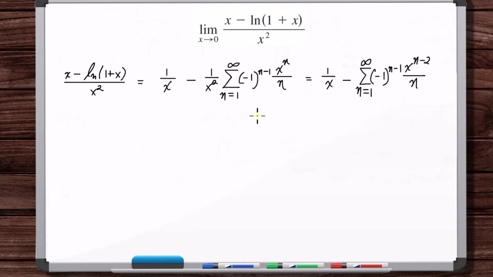Okay, so now here, let's see. We can write this as, let's do this. So 1 over x minus, well, actually, let's do this. So the first term is going to be positive. Let's see, do I have this right? Yeah, this is right.